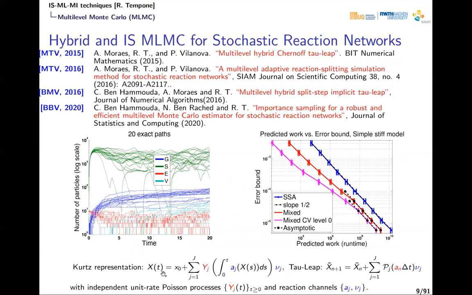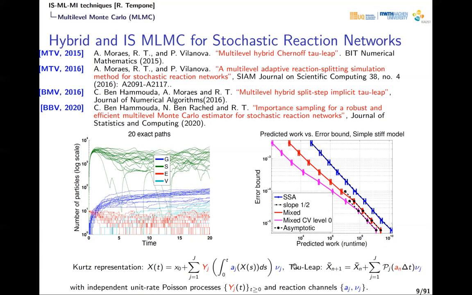Well, they are time-dependent stochastic processes, represented here using the Kurtz representation as a sum of jumps corresponding to Poisson processes multiplied by the so-called stoichiometric vectors nu j that represent the different changes that occur in the system. With this kind of representation, one can use modeling in biosciences, chemistry, queues, and so forth. I can go forever with applications.